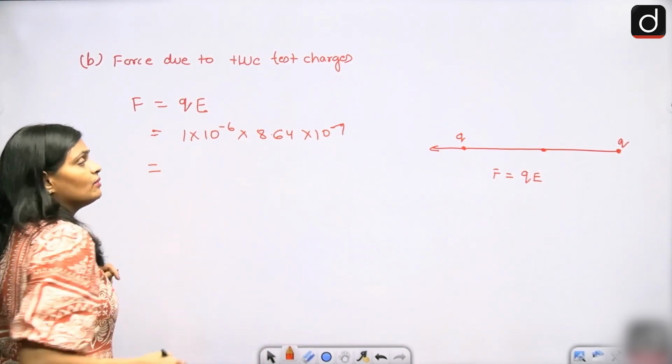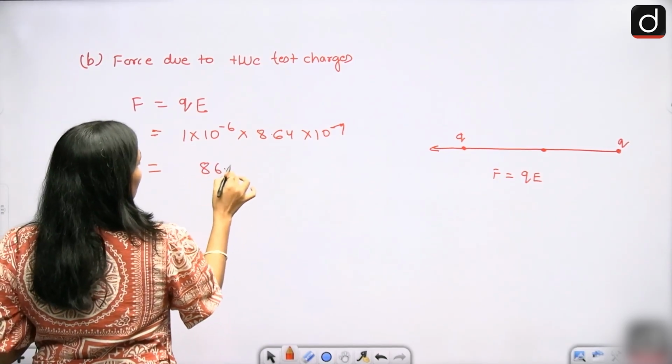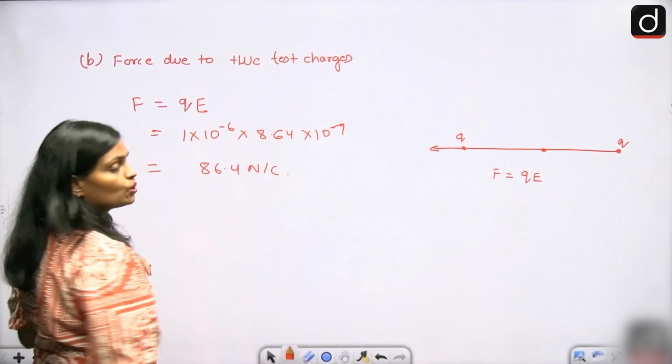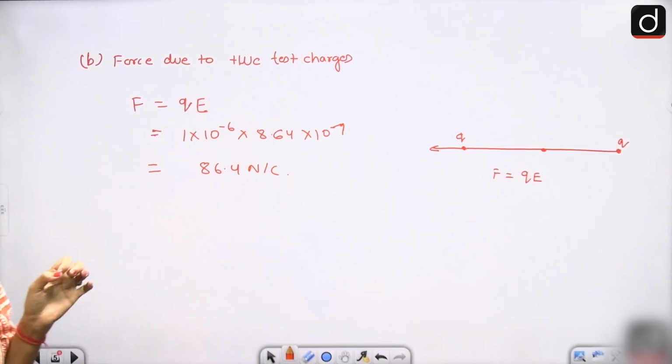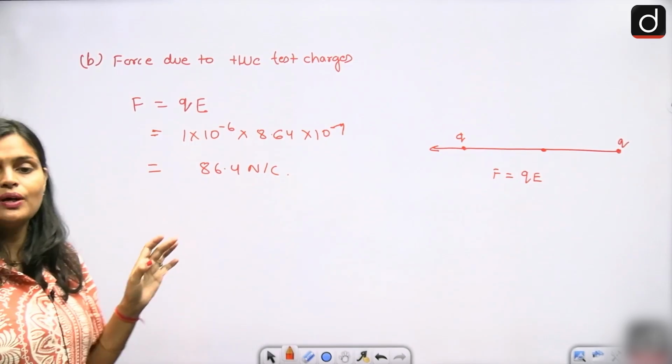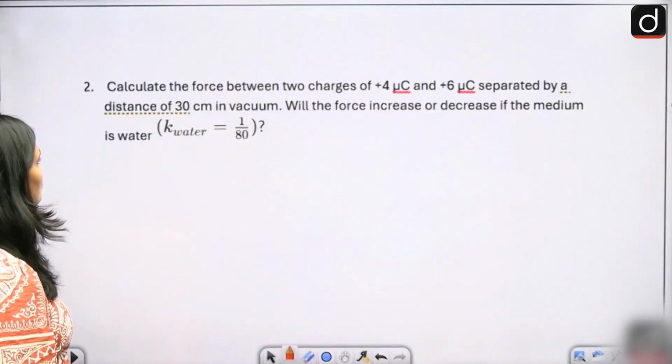So when you calculate, how much you will get? 86.4 Newton. So this is the force you can say on 1 mu c, 1 microcoulomb test charge. Clear? So this is how you have to solve questions. So this is the first question. Now try to solve the second question.